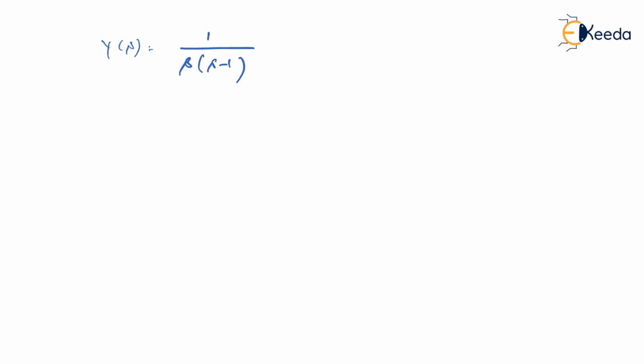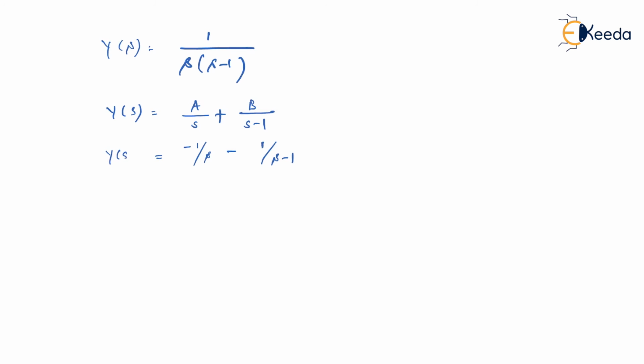Since this Y of s is not in an appropriate form, let me go for a partial fraction. I can write Y of s as a upon s plus b upon s minus 1. If you calculate the values of a and b, a is minus 1 and b is also minus 1. I'm sure you know how to get partial fractions now.